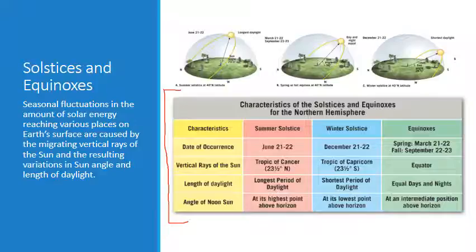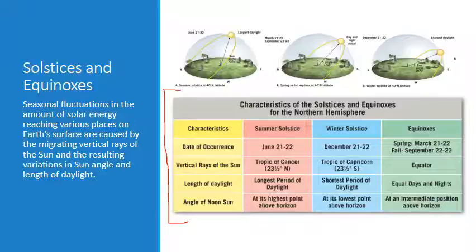So imagine these dates, the angle of incidence, the length of daylight at the different solstices and equinoxes throughout the year. And we'll work on this a little bit in lab this week.